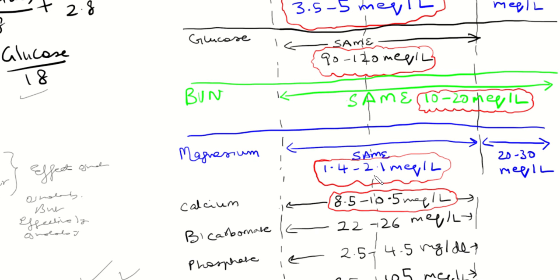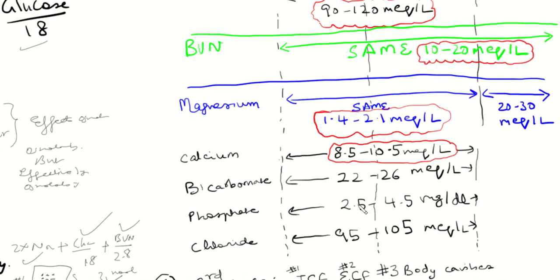Magnesium, 1.4 to 2.1. Calcium, 8.5 to 10.5. Bicarb, know this number, 22 to 26. Phosphate, know this as well, 2.5 to 4.5. Chloride, 95 to 105. And these are all concentrations of the particles in the extracellular fluid, or that's interstitium and intravascular. Okay.